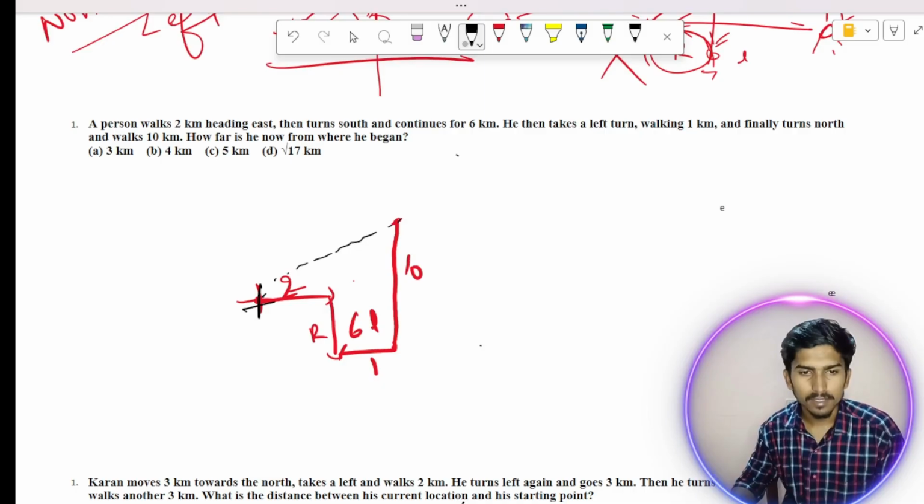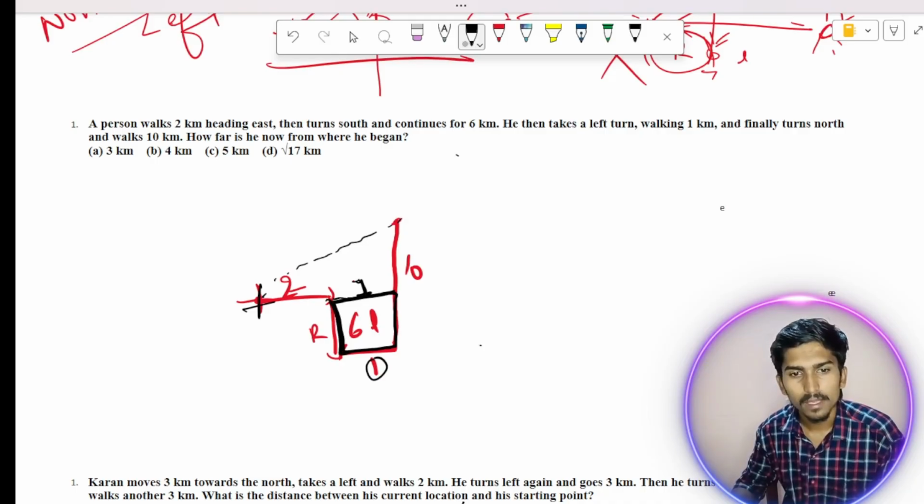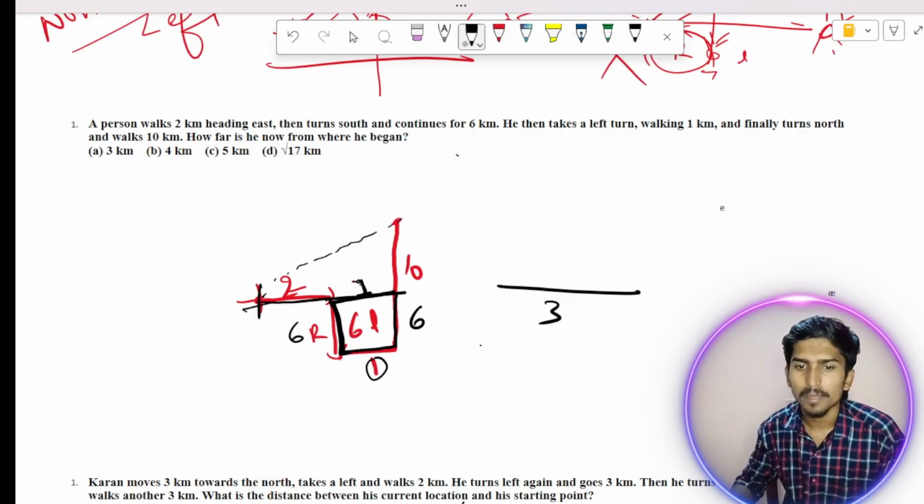We can find it. If we extend this line here, this will become like a rectangle. If this is 1 kilometer, the opposite side also becomes 1 kilometer. Do you agree? If this is 6 kilometers, the opposite is 6 kilometers. The 2 and the 1 together total 3 kilometers.